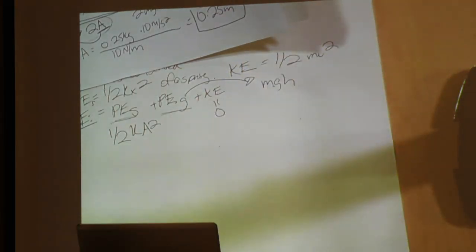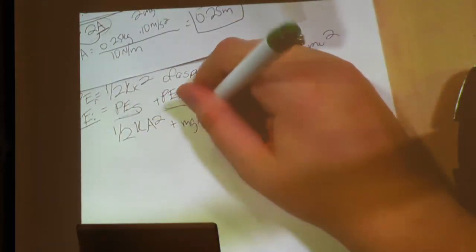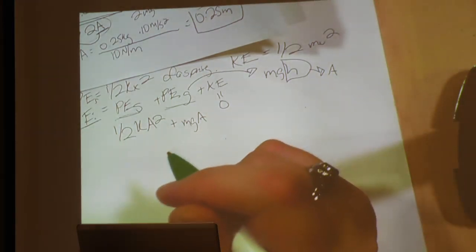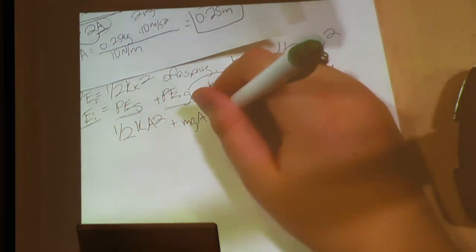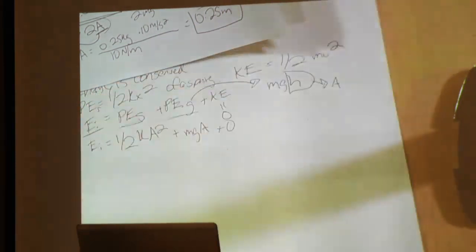Remember from the energy chapter that mgh is the formula for potential energy normally. The height here would be the amplitude still, so it would be plus mga, and then plus 0 because the kinetic energy is 0. So this is our formula for the initial energy.